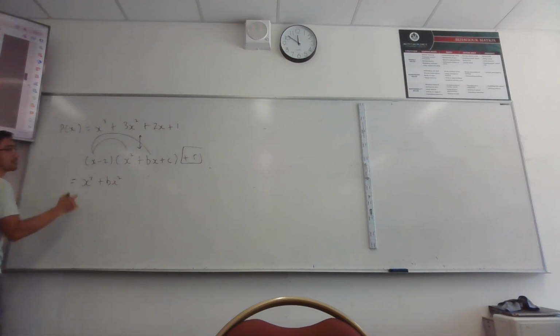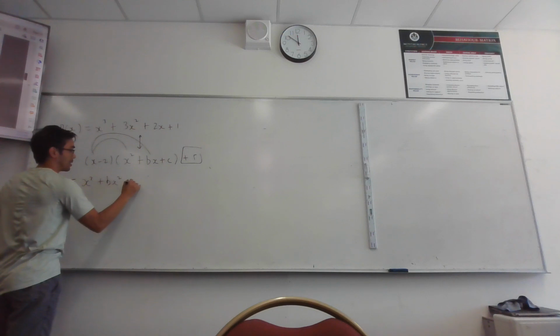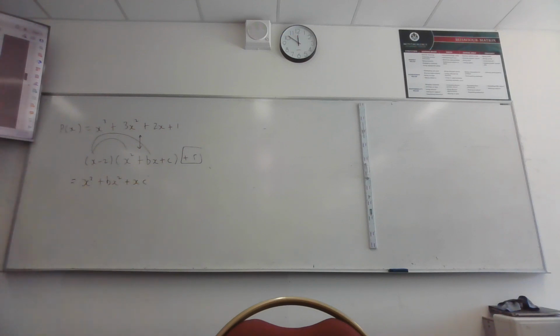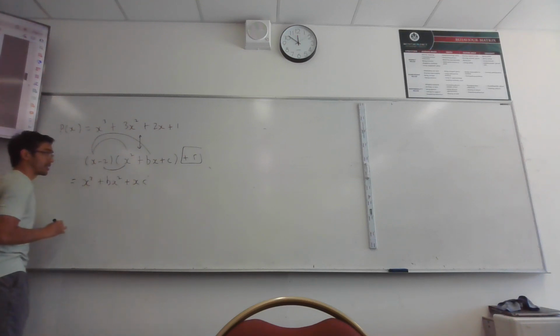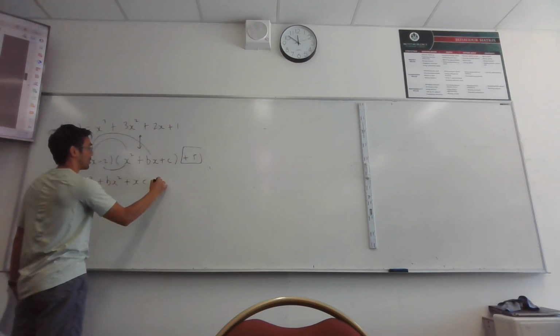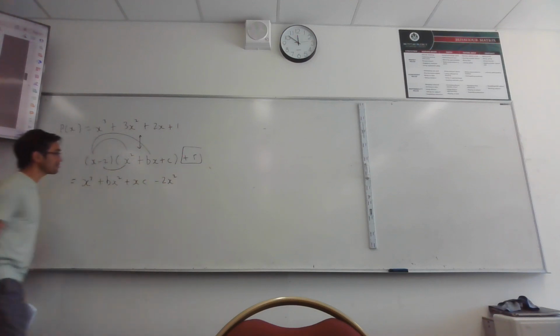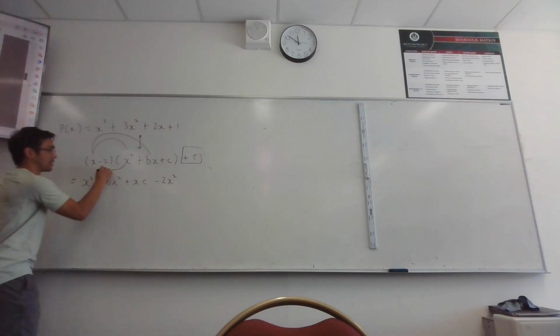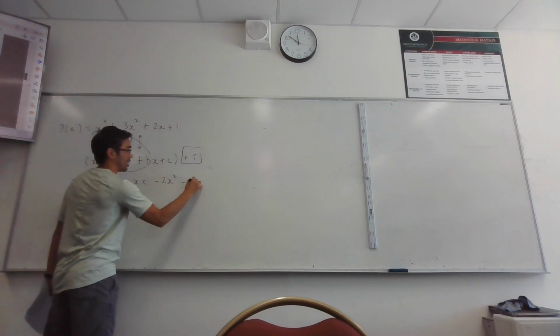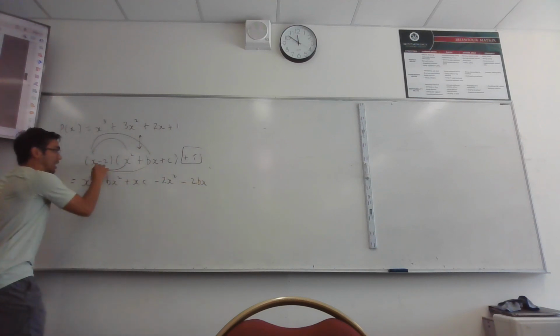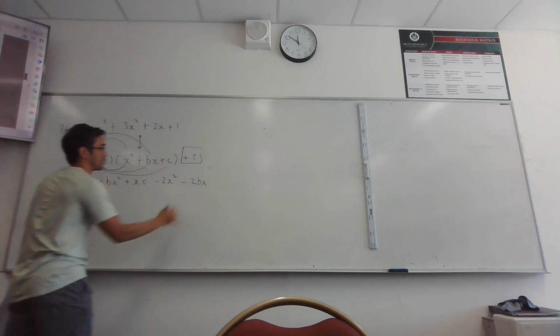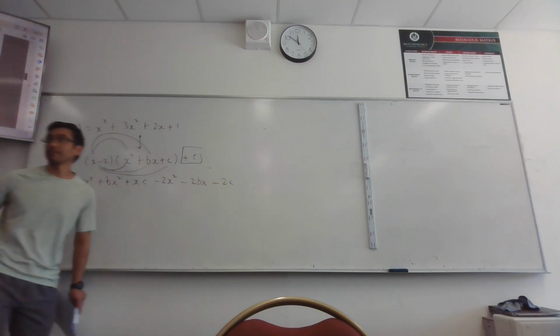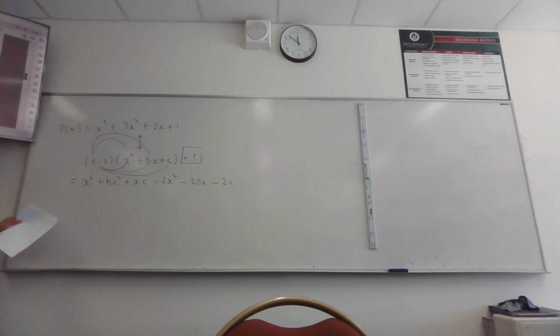There's many ways to do this. x dances with c, xc. Who's left out of the dancing? Negative 2 wants to be part of the dance floor. He goes in. Negative 2 now dances with x squared, negative 2x squared. Negative 2 dances with bx, negative 2bx. Negative 2 dances with c, negative 2c. And what are we missing?